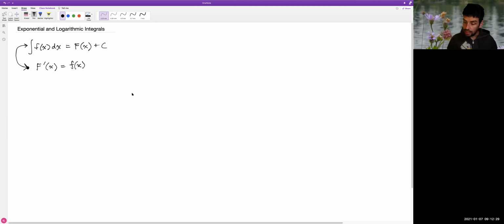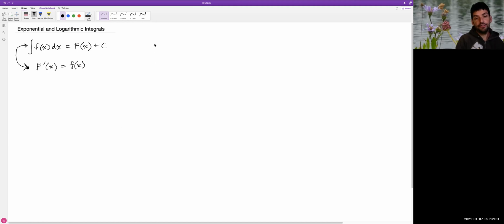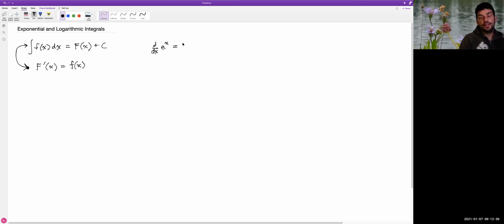So the two we're going to look at first are, we know that if we take the derivative of the exponential, we just get the exponential back.